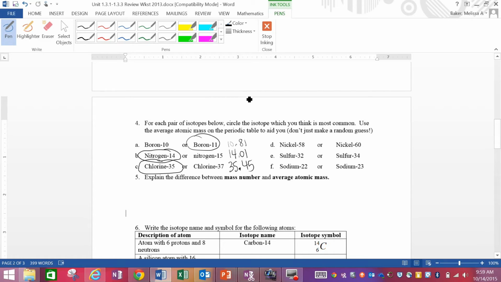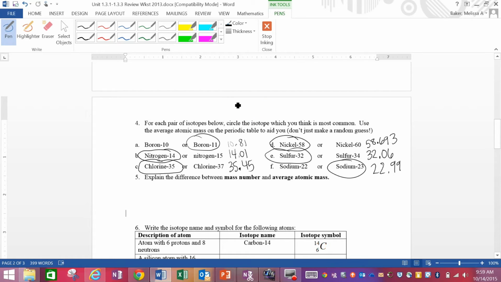Looking up nickel on the periodic table, it says its average atomic mass is 58.693. That's closest to 58 over nickel 60. Next one, sulfur is 32.06. That's very close to 32. And sodium is 22.99, very close to sodium 23.